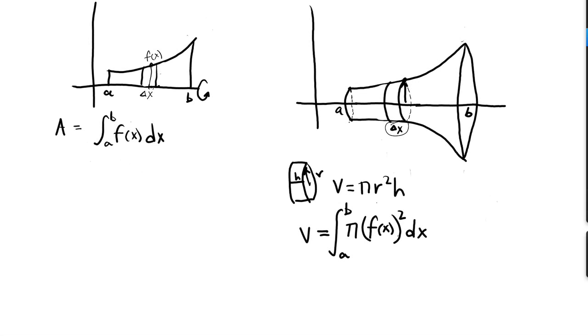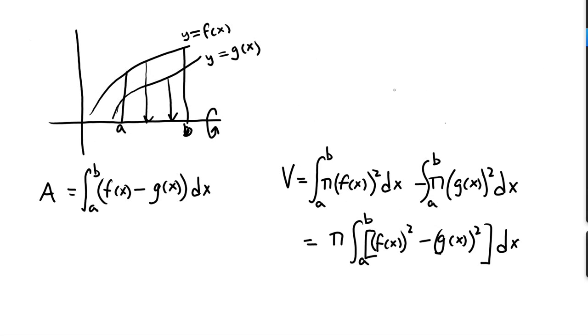Now the difference between looking at a solid like I have here and a region like this, in terms of material science, is, think of a container. I'm either looking at the volume of a container, or I'm looking at the materials needed to make the container.